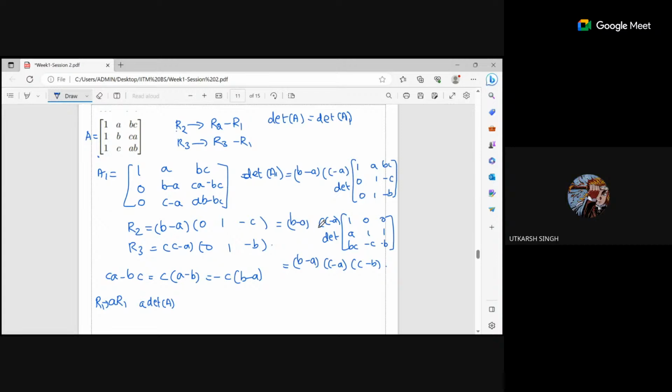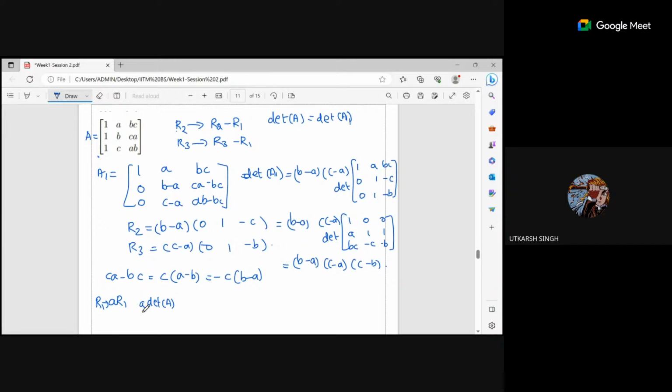Ma'am, a student earlier shared with us another way to solve this question. He said he multiplied the first row with A, and you mentioned to him that for him to do that, he had to also multiply the whole determinant with A. Ma'am, that is incorrect.